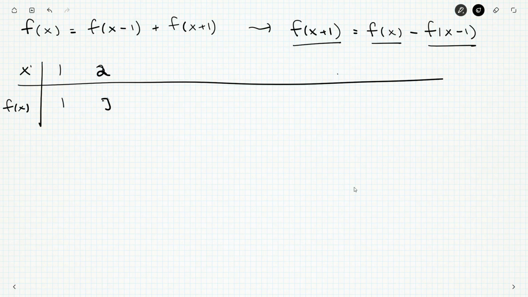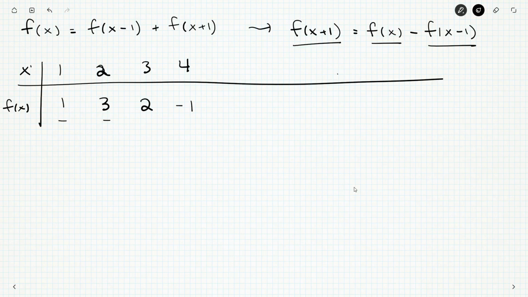The pen does not like the subtle motion of the middle prong of the 3, so we'll go a little slower. There we go. If I wanted f of 3, that would be the difference of the previous 2, so that should be 2. And then f of 4 should be the difference of the previous 2, so that should be minus 1.